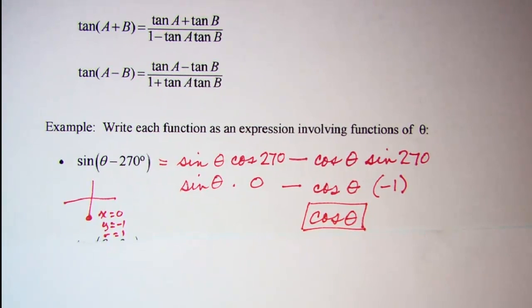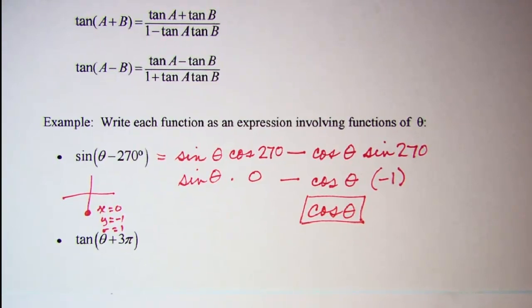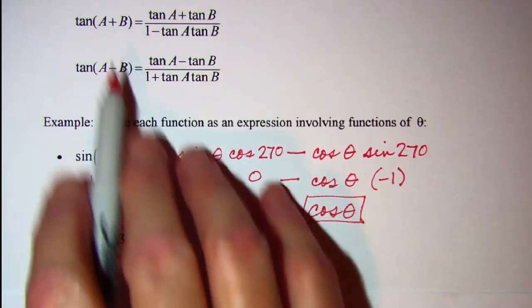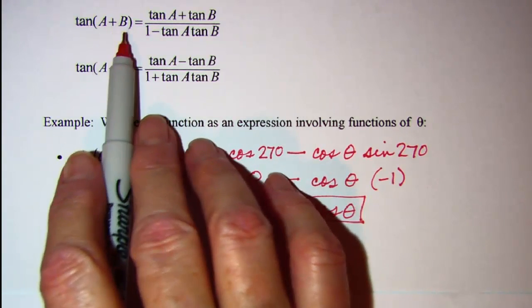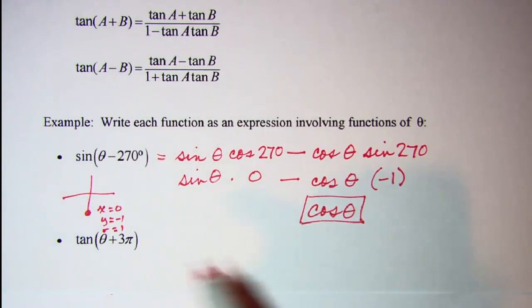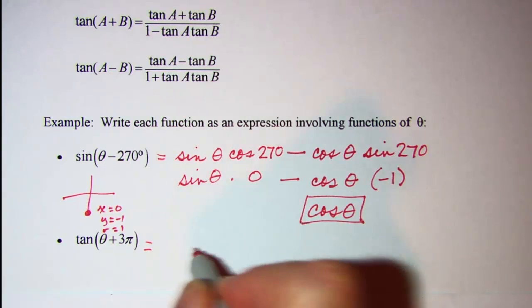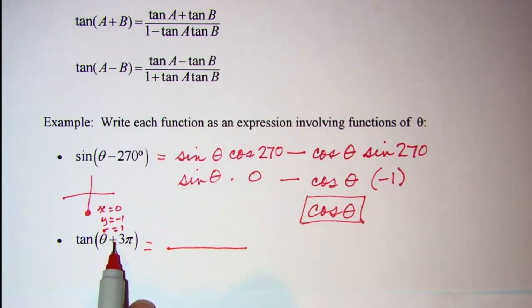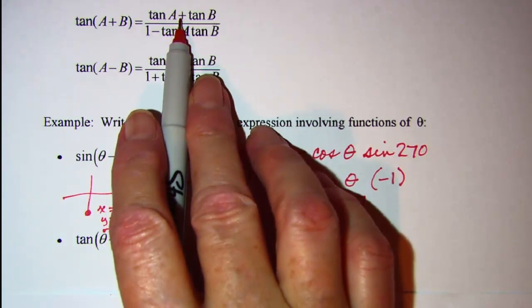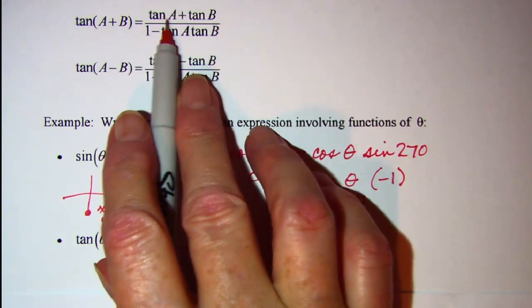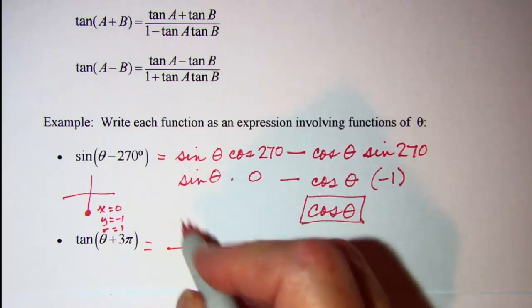Let's try another one. We have a tangent of theta plus 3 pi. Now I kept the tangent showing up here, so that was handy. So we have, since this is a sum, we'll have a sum of the two tangents in the numerator.